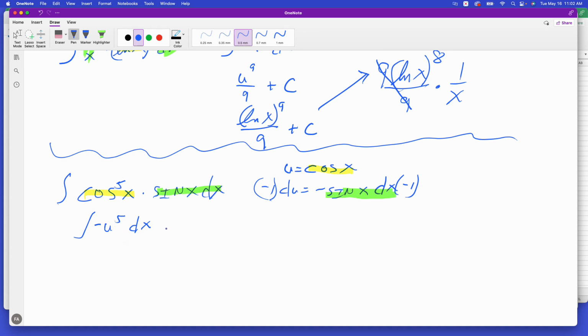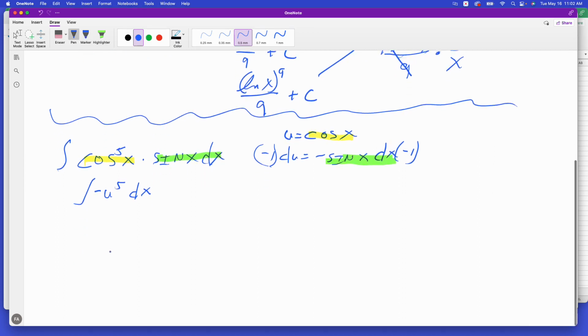Now I can do that integration. That integration would give me negative u to the 6th power over 6 plus c. And then I'm going to rewrite that back into my original variable. So it gives me negative cosine x to the 6 over 6 plus c.